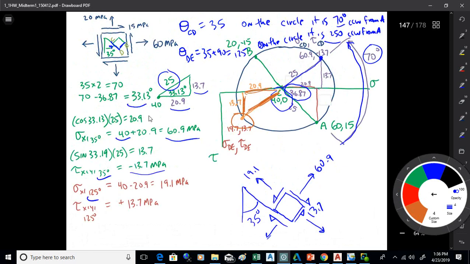So the normal and shear stress on CD, the normal and shear stress on DE, the maximum tensile stress, the minimum tensile stress. I don't know what I'll ask you. The maximum in-plane shear stress, I'm going to ask you. Got a lot of stuff to answer on that. It's on page 12A.